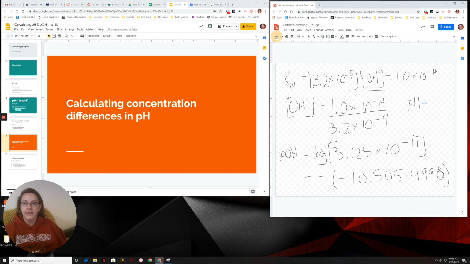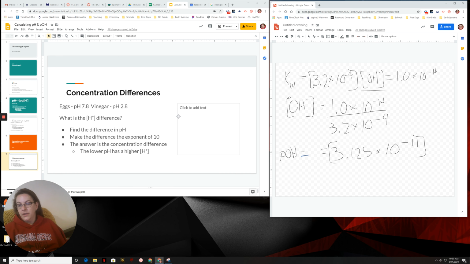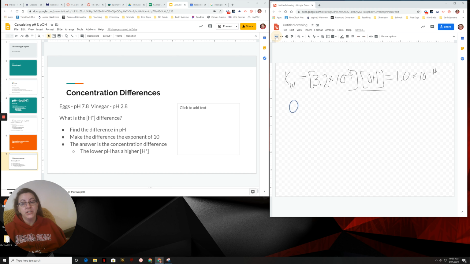After all that, let's clear this. Let's talk about calculating concentration differences from the pH. So remember, the pH scale is a logarithmic scale. That means that every step on the pH scale is a factor of 10. Someone asked in the questions, what's a logarithmic scale?